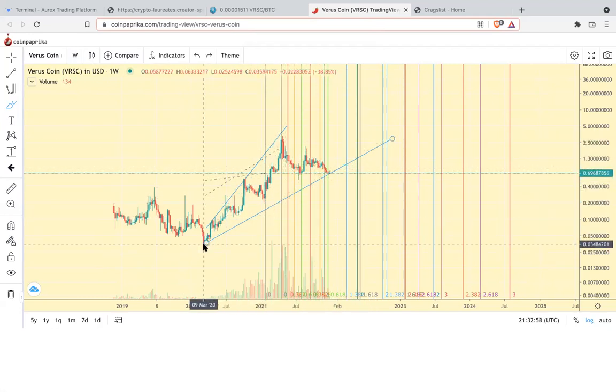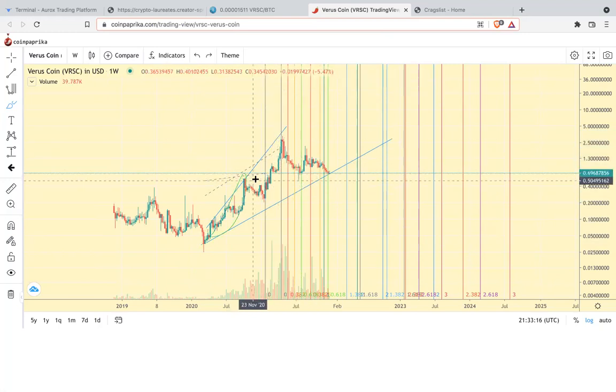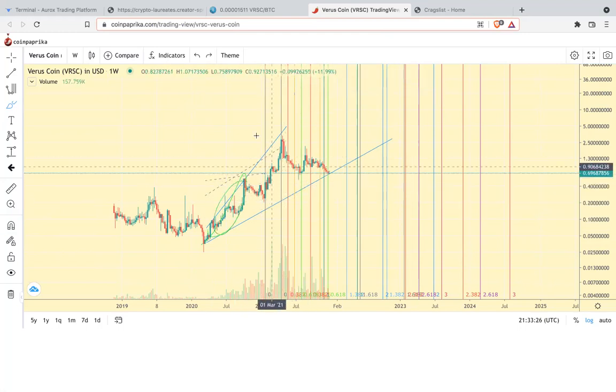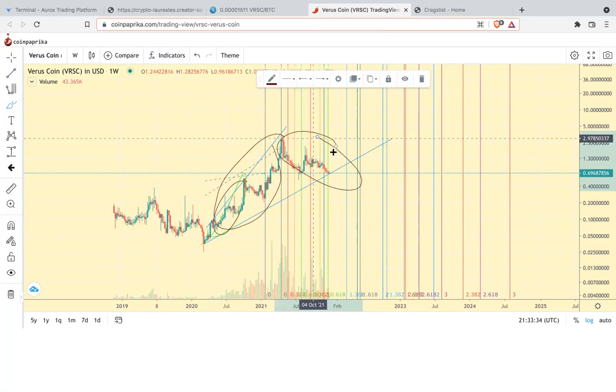This move up here would be similar to this move up here, and this move here would also be similar to this move here, whereas all of this move would be similar to whatever move is here.